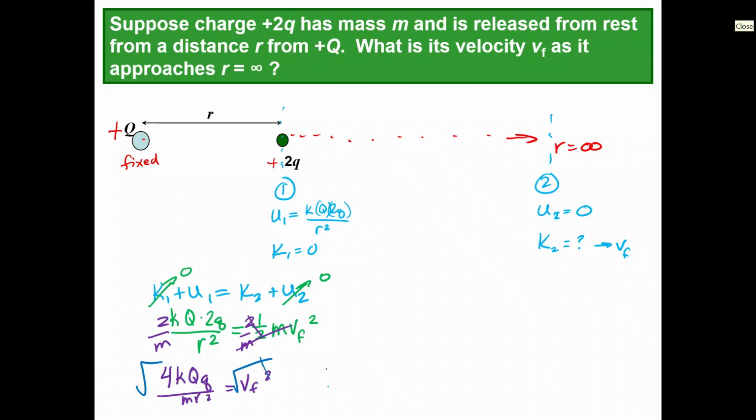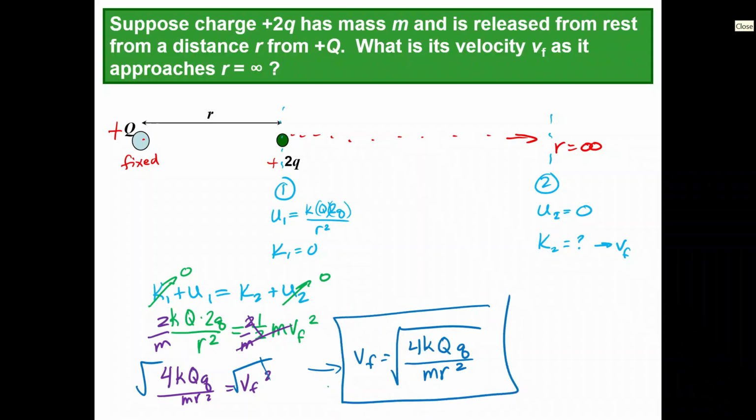So we end up with vf equal to the square root of 4k big Q little q over m r squared. You can simplify that down a little, but that's fine. At this point, if it gave you numbers, you could just sub in the numbers. That gives us the ability to calculate a speed. We could not use forces and kinematics to do this because our acceleration is not constant, so our kinematic equations are not valid in this situation.